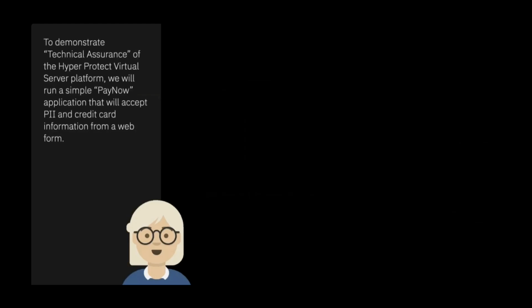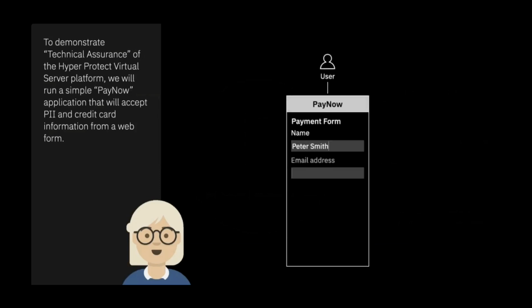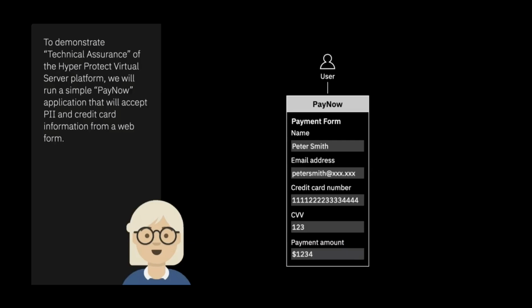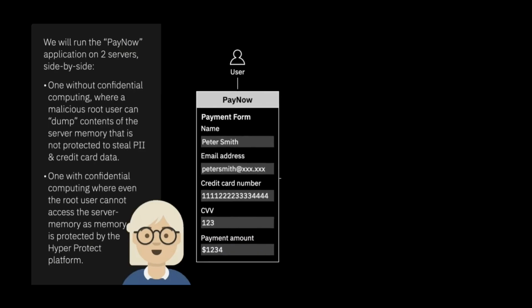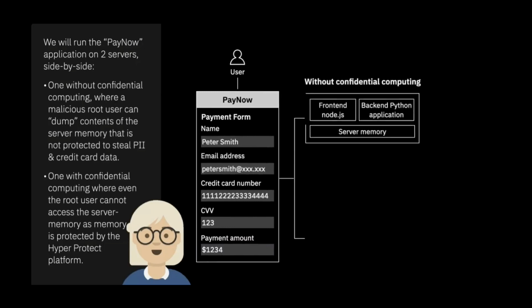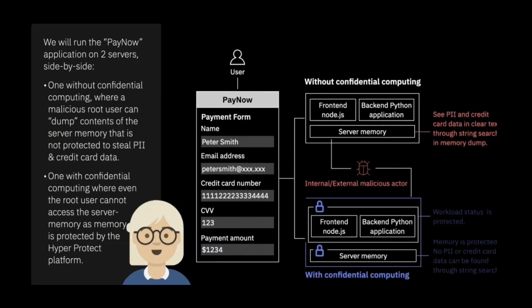To demonstrate technical assurance of the HyperProtect virtual server platform, we will run a simple Pay Now application that will accept PII and credit card information from a web form. We will run the Pay Now application on two servers side by side. One without confidential computing, where a malicious root user can dump contents of the server memory that is not protected to steal PII and credit card data. One with confidential computing, where even the root user can't access the server memory, as memory is protected by the HyperProtect platform.